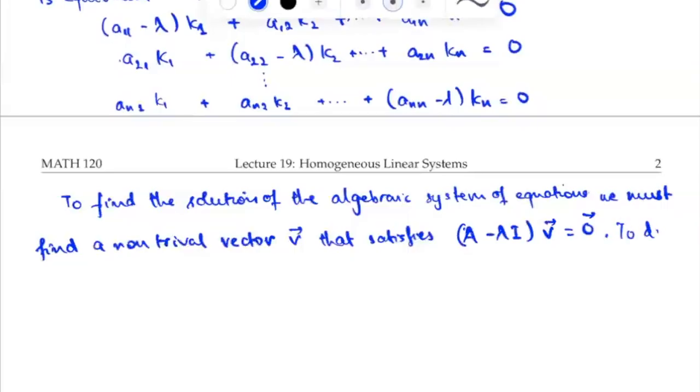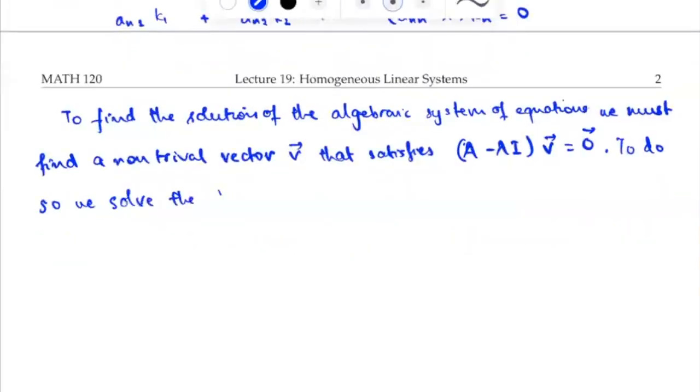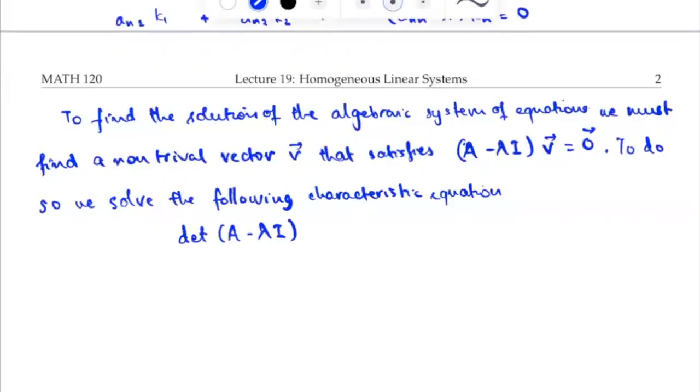To do so, we solve the following characteristic equation. That is to find the determinant of A minus lambda I equal to 0, where det stands for the determinant of A minus lambda I. And when you solve for this, that is called the characteristic equation.